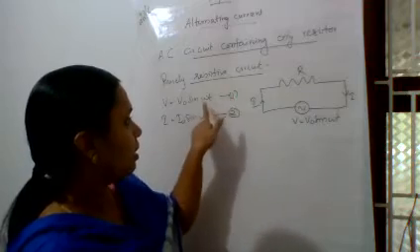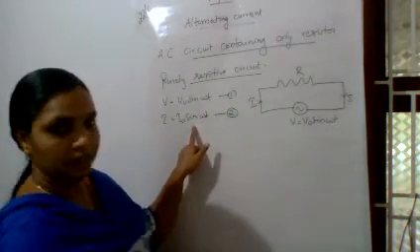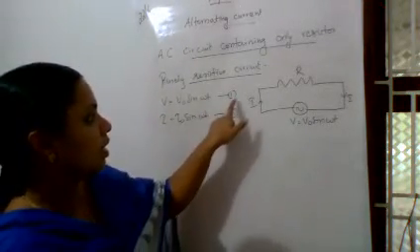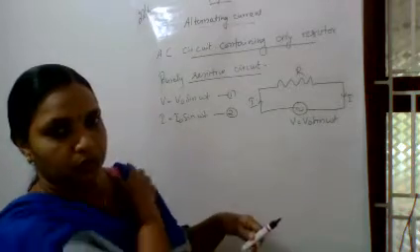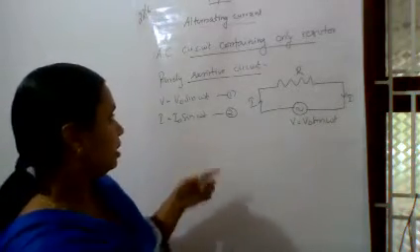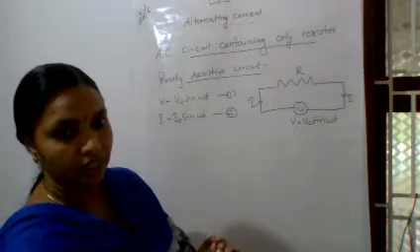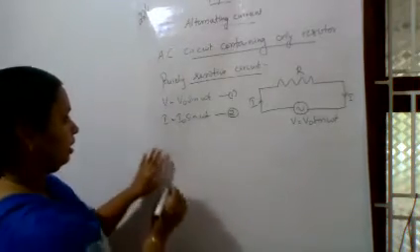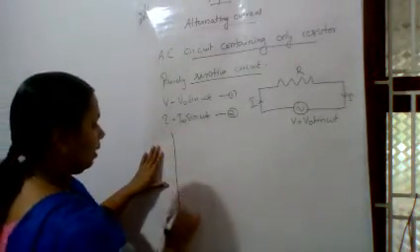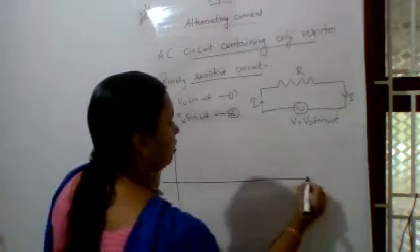We can compare. This is the applied potential and this is the current passing through the resistor. Compare equations 1 and 2. We can represent them graphically, in a single diagram.